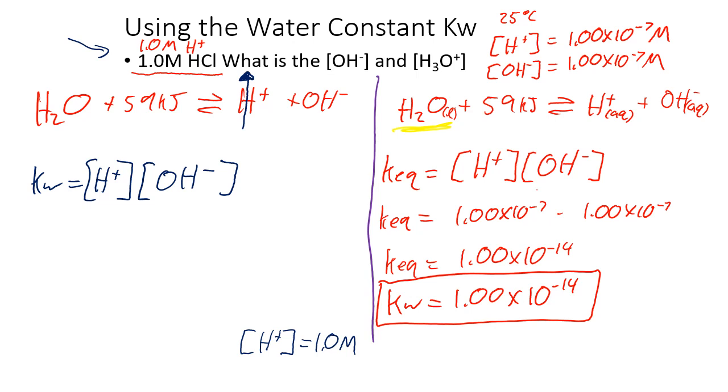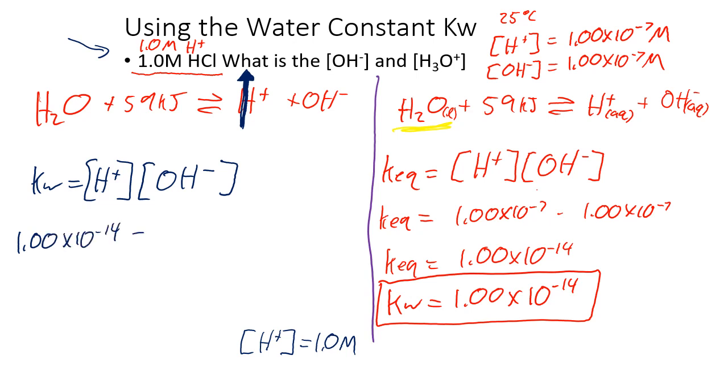So we're going to plug in and calculate the hydroxide concentration. Because again, if we increased this concentration, then that means it'll be shifting this thing to the left, and it'll decrease the OH concentration. So we know what Kw always is. Kw is going to be 1.00 times 10 to the negative 14.